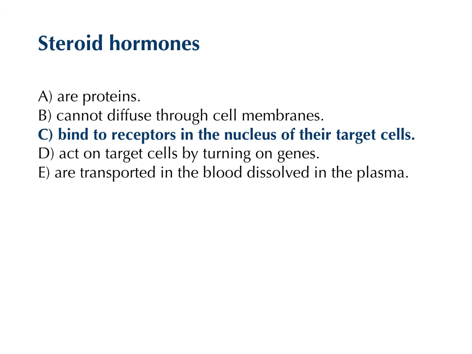Proteins are a whole other class of hormones that are hydrophilic. Steroid hormones do diffuse through the cell membranes, and they act on cell targets by binding to the receptors in the nucleus of their target cell. They're not transported in the blood dissolved in the plasma, right? They need their special transport boat, some sort of carrier protein.